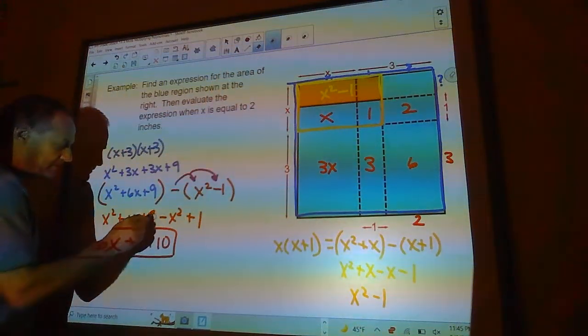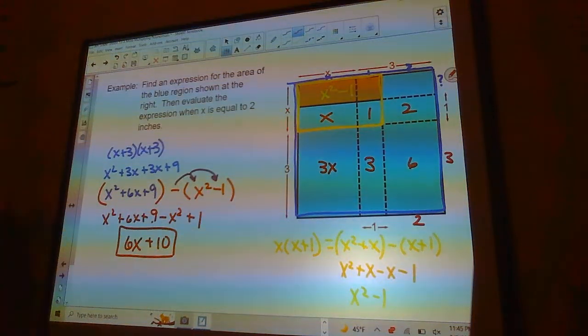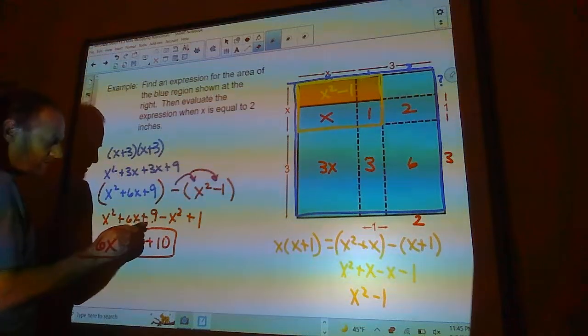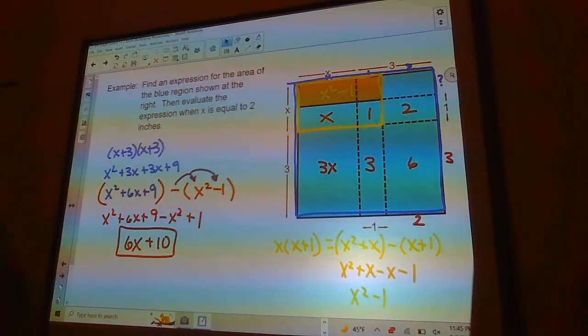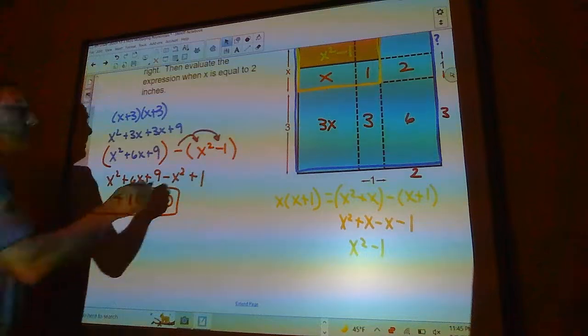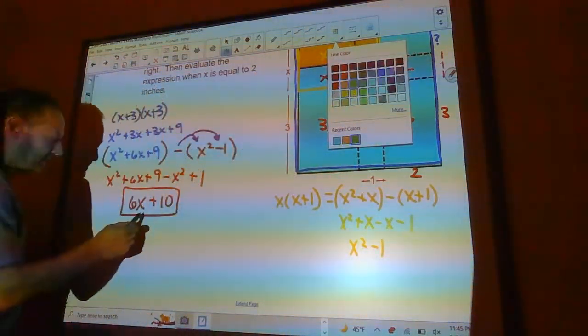That was a little complicated, but we got it figured out. Okay, so now the next thing it says is, hey, what's the blue area when x is 2? Well, that's easy, because all I've got to do is take 2 and plug it in here.